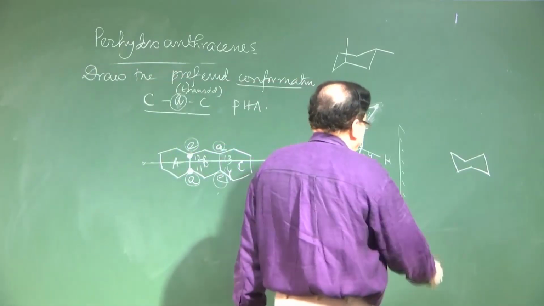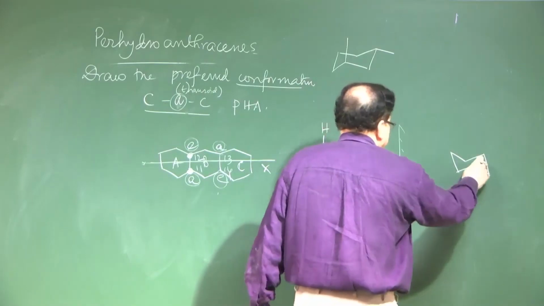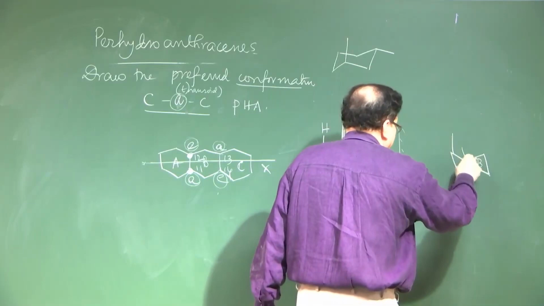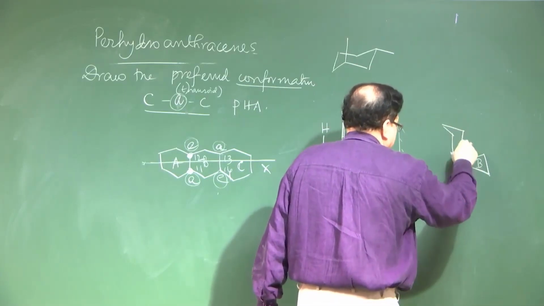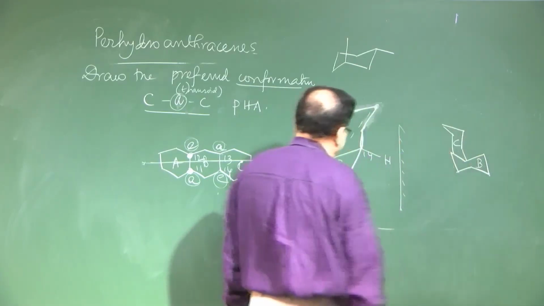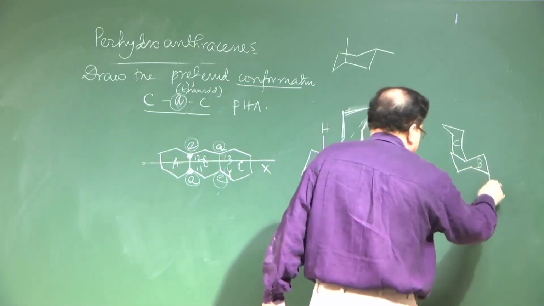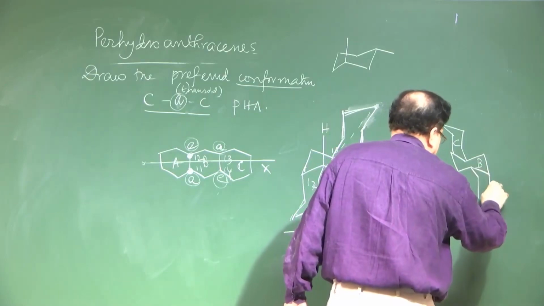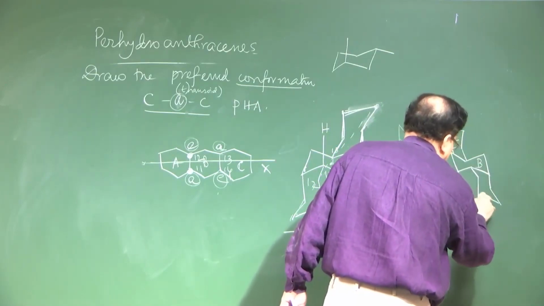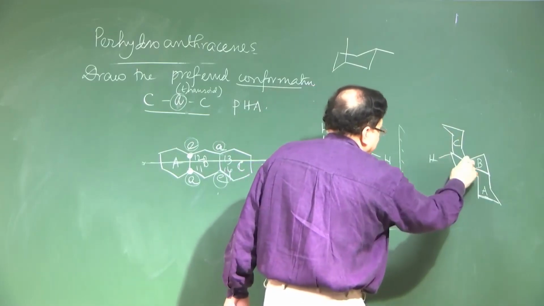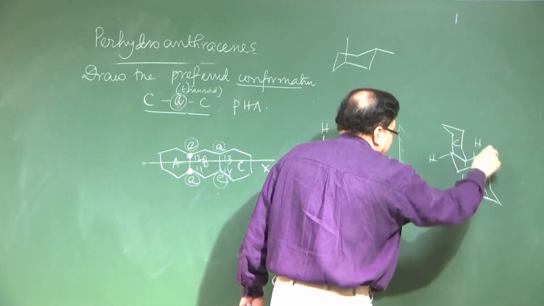So, draw the mirror image, this is the ring B and this is your C ring, and your A ring will be on this side. This is your A ring. Put the hydrogens, hydrogen here, hydrogen there, hydrogen there, hydrogen there.